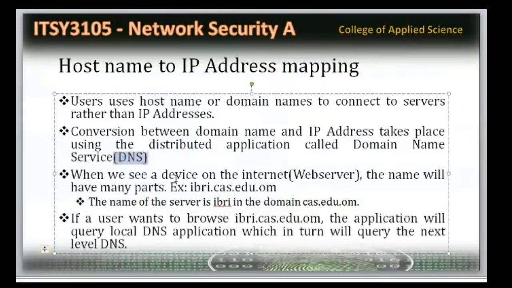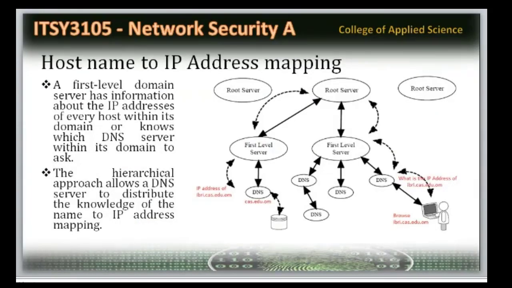Whenever you want to communicate with www.bankmuscat.com, I take my browser and type www.bankmuscat.com in it. bankmuscat.com is the name of the domain. Immediately my machine is going to communicate with the DNS machine.